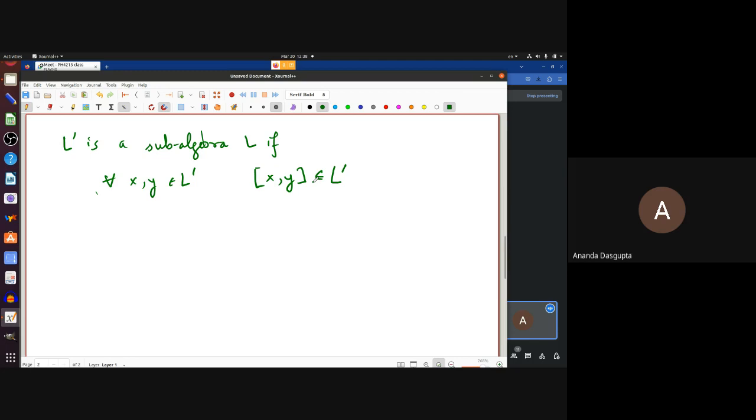In fact, if G prime is a subgroup of G, let's say they are both Lie groups and G prime is a Lie subgroup of G, then L prime, which is the Lie algebra of G prime, is a subalgebra of L. So many things which happen at the Lie group level get reflected at the algebra level. This is one example.